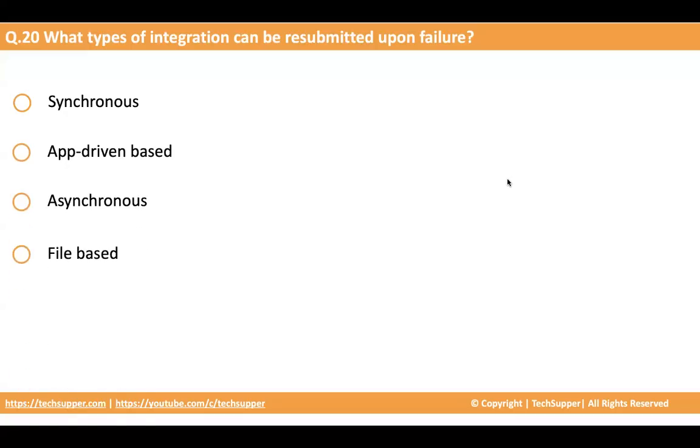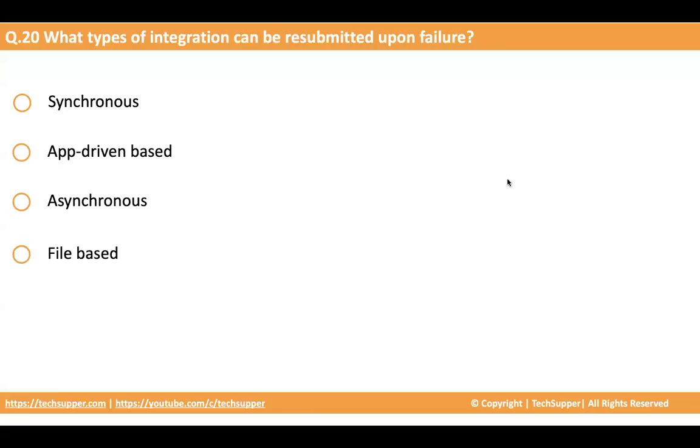Let's see the options available. Synchronous, which sends the request and receives the response. App-driven, the integrations built on the app-driven pattern. Asynchronous, and file-based. So what types of integrations can you resubmit when they fail?